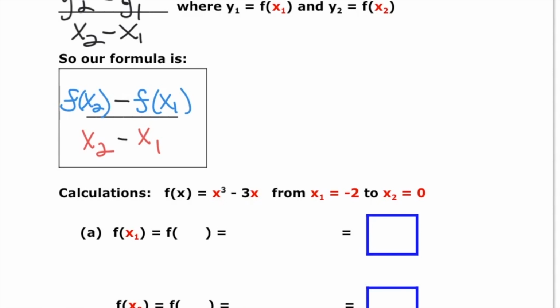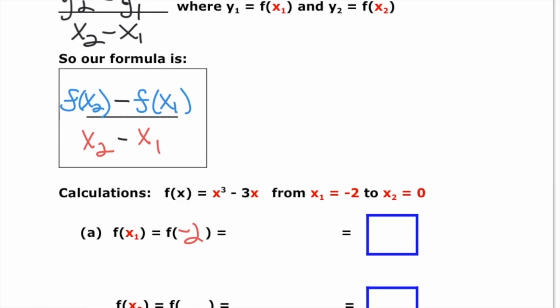So now what remains for us is to just do some calculations here. First off, if we're plugging in from x sub 1 equals negative 2 to x sub 2 equals 0, this is our part A calculations, then for x sub 1 we're going to figure out what is f of negative 2. And of course that's very simple to do.